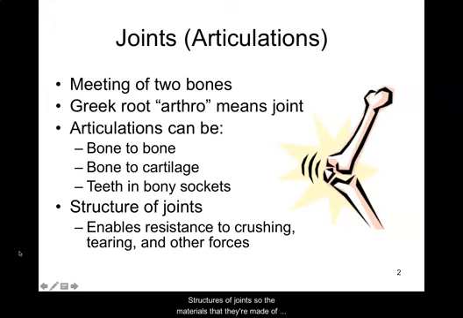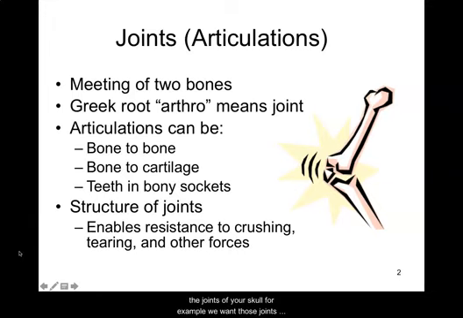Structures of joints, so the materials that they're made of, the things that are holding the bones together, the bones to cartilage, are generally there to be able to be functional. And so the function of joints is sometimes to move, but in other cases, we want joints to not be able to move, such as the joints of your skull, for example.